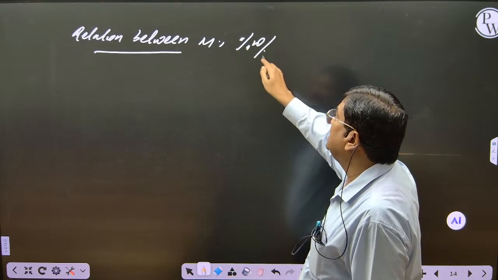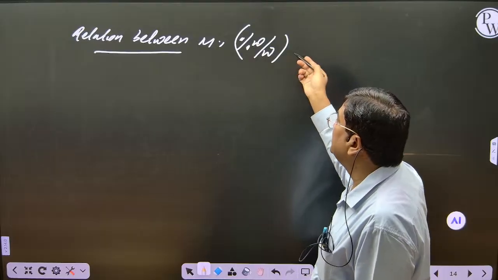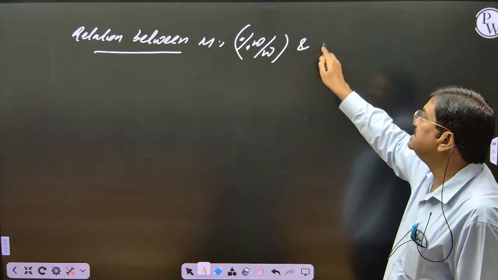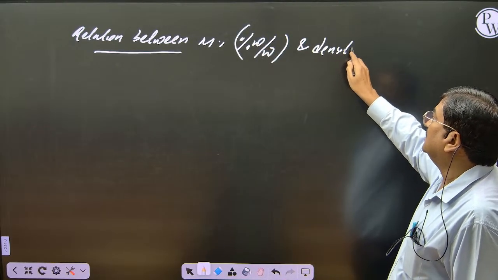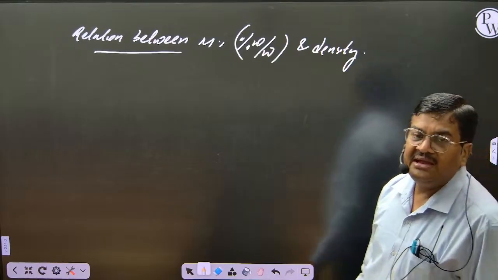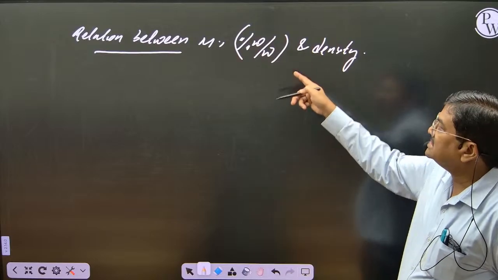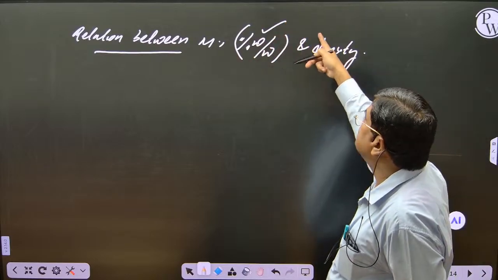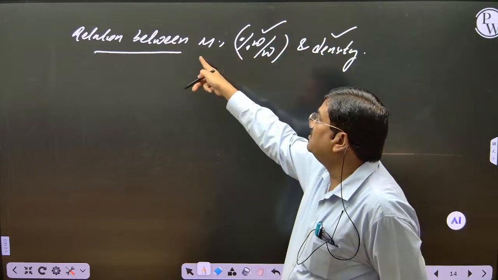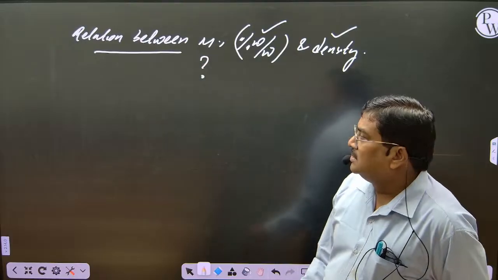In NCERT and in JEE Mains, NEET, they are asking questions related to this, and density. There is a relation between molarity, mass percentage, and density. So in the problem, they give you mass percentage, density, and they ask you to find molarity. Now, what is that relation?